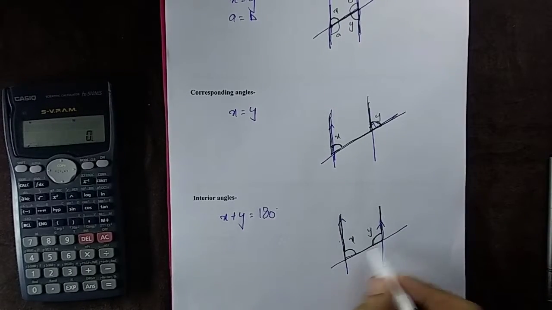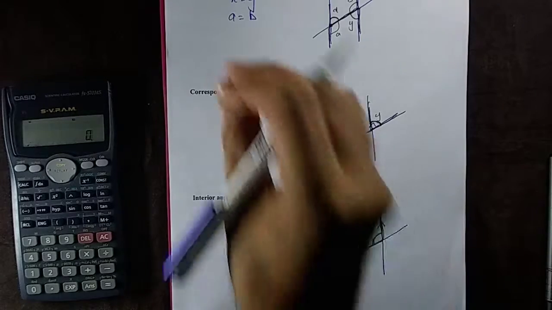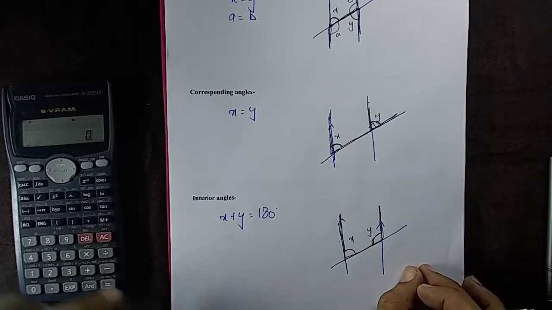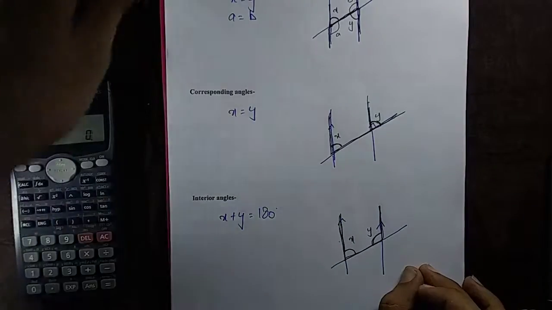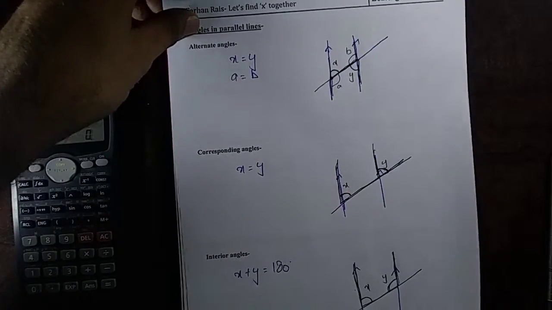That means both the angles would be supplement of each other. So these are the three properties which we would be using to understand the concept of bearing in the next slide.